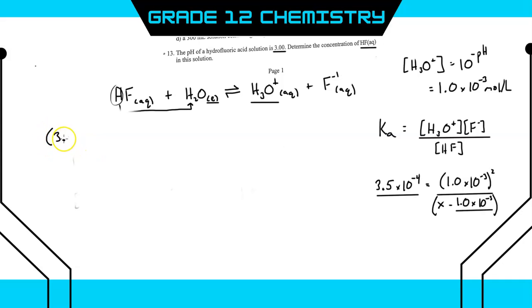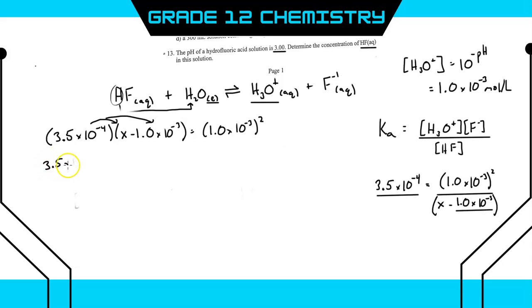So we have 3.5 times 10 to the minus 4, all times x minus 1 times 10 to the minus 3, is equal to 1 times 10 to the minus 3 squared. Okay, so this term we're just going to have to distribute into both.